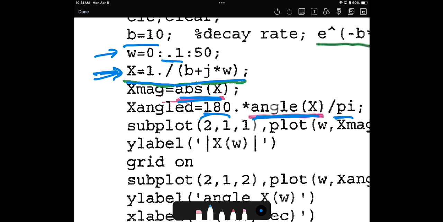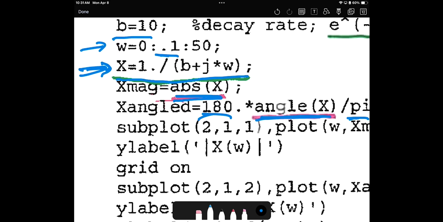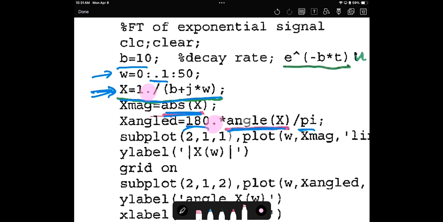Then the other thing, when you see the products or the divisions, you will see these dots. These dots are on purpose. Why? Because we defined omega as a vector. So you can either put it inside a for loop, where there's no need for the dots, or you can use the dots with the vector.